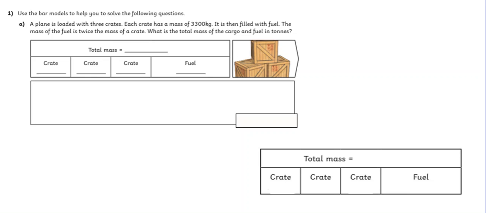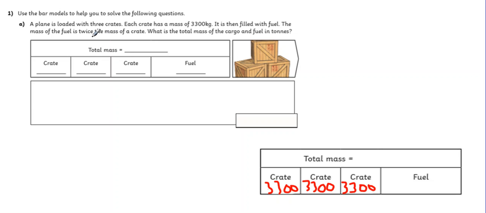Okay, so first of all then, we know that each crate has a mass of 3,300 kilograms. Okay, so if we just put 3,300 in each of those, like so, and we know that it's then filled with fuel.